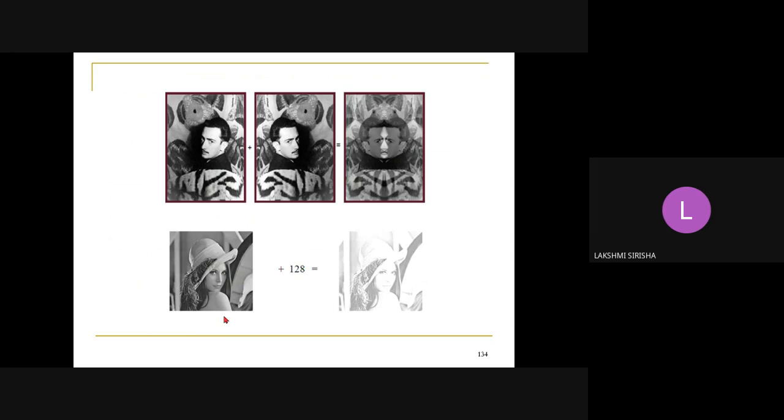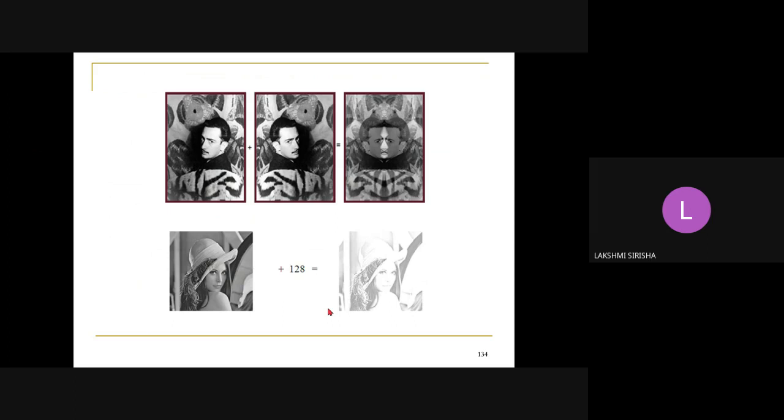After addition, if any value is more than 255, it is automatically taken as only 255. For example, take a pixel of 246. 246 plus 128 is definitely above 255. But in a gray level image, we have only the range 0 to 255, because it is an 8-bit image. 8-bit image means 2 power 8 equals 256, including 0, from 0 to 255.